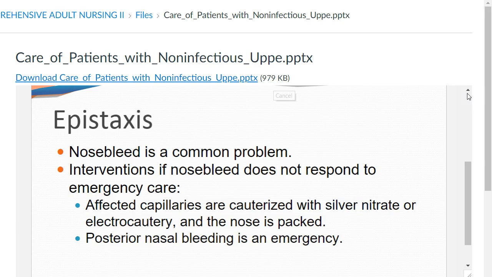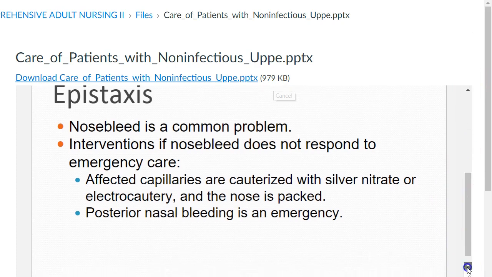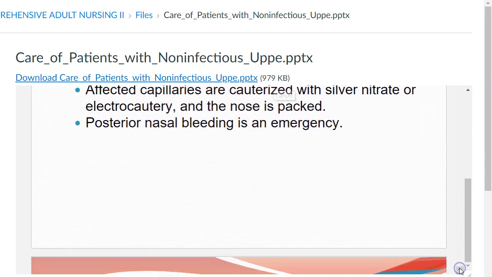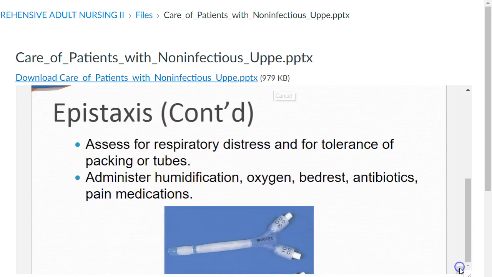But also remember, too, that with a posterior nasal bleed, that is an emergency. And we note that from the patient when we see that excessive swallowing. So please, please watch that. If you're taking anything from this lecture, that is one thing that I really cannot stress enough. You want to assess for respiratory distress and for tolerance of packing or tubings.